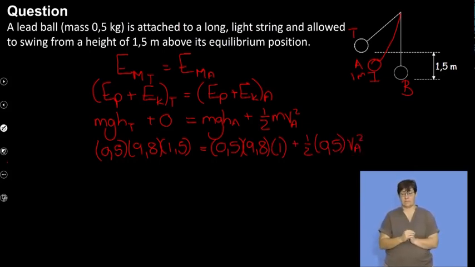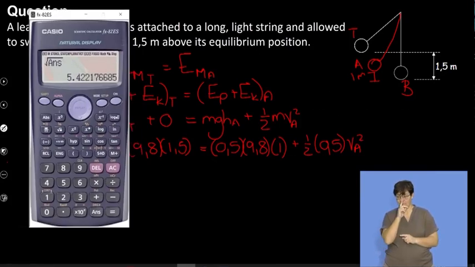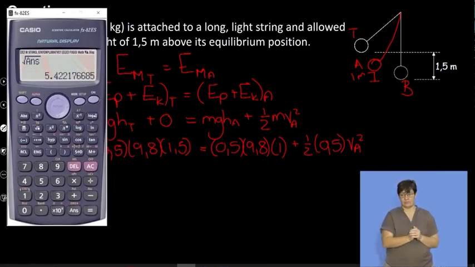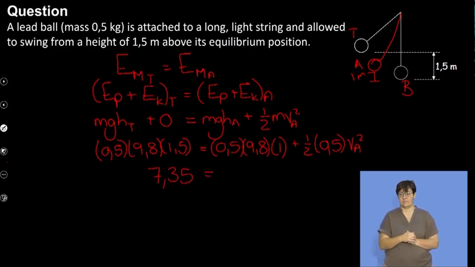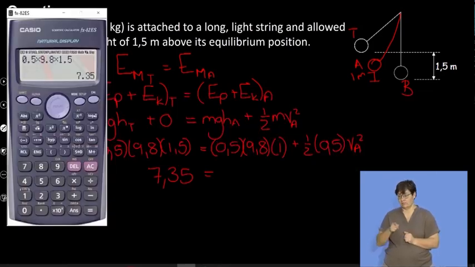Okay, this is fun maths. So let's do all the little bits and pieces for this one. So we've got 0.5 times 9.8 times 1.5, whoopsie, 1.5, not 11.5. And that gives me 7.35. All right. Let's do the other side.